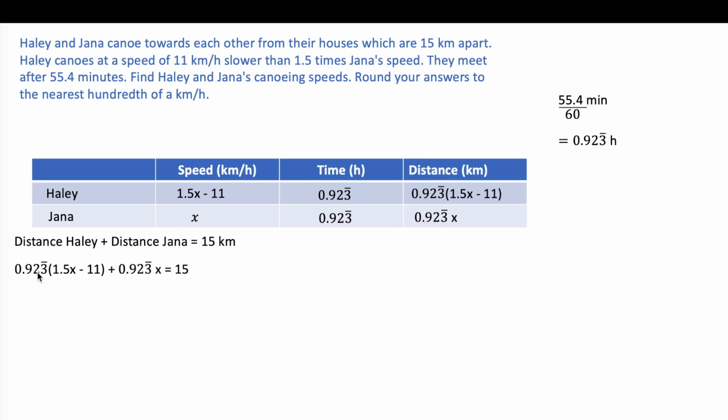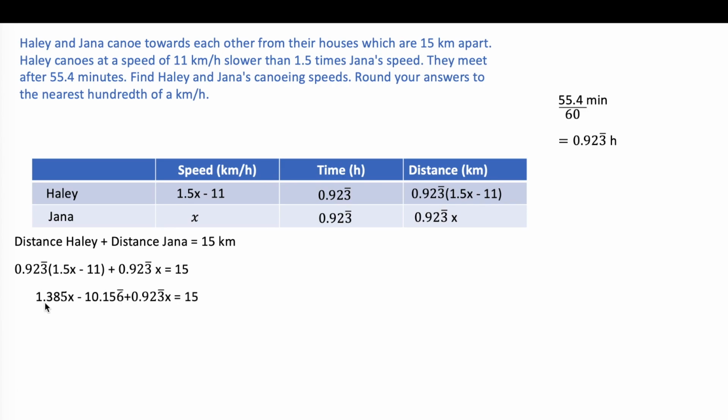The 0.923 repeating is going to distribute, multiply the 1.5x, and multiply the negative 11. 1.5 times 0.923 repeating gives us 1.385x, and 0.923 repeating multiplies the negative 11, giving us negative 10.156 repeating.